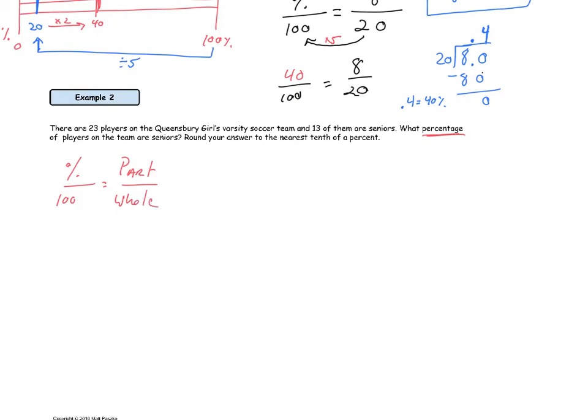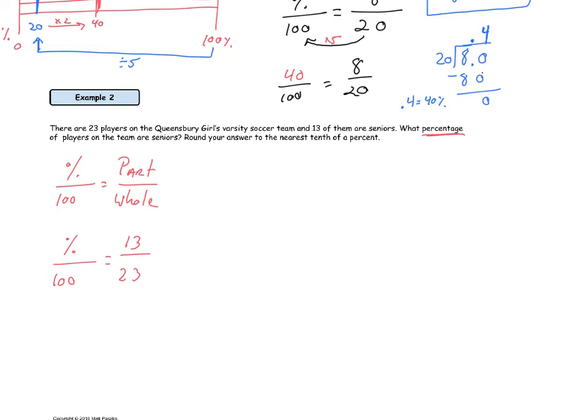We don't know the percent. We need to find the percentage. We do know the part and we do know the whole, that 13 of the girls are seniors out of the entire 23. Now, we're kind of in a problem here.